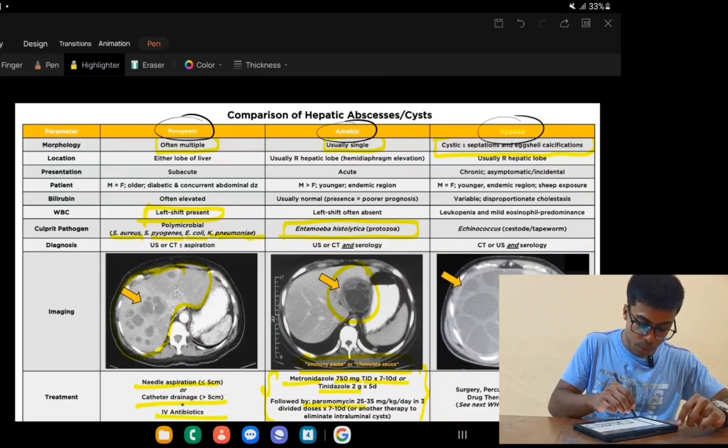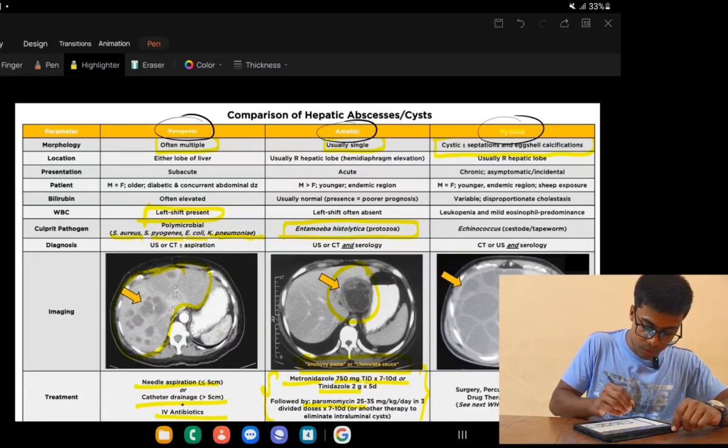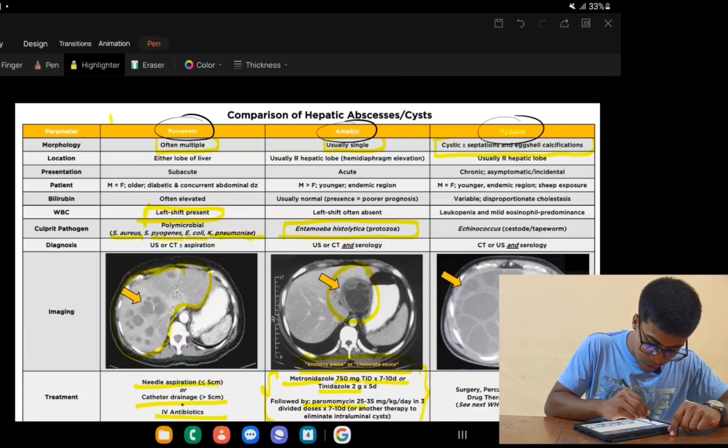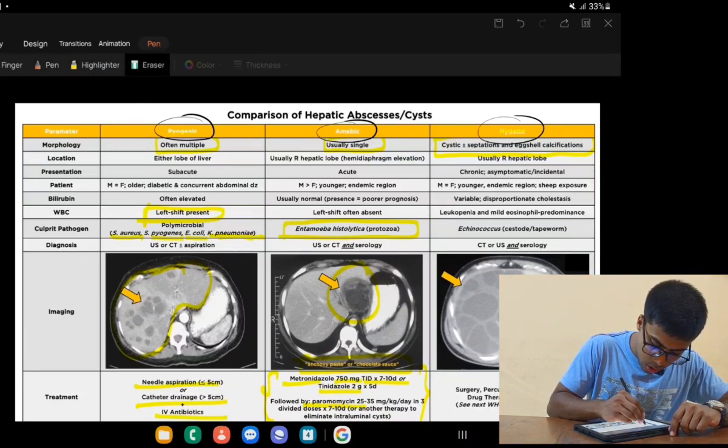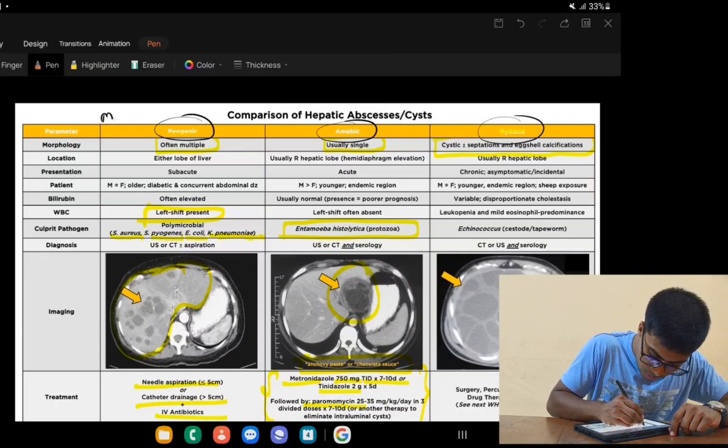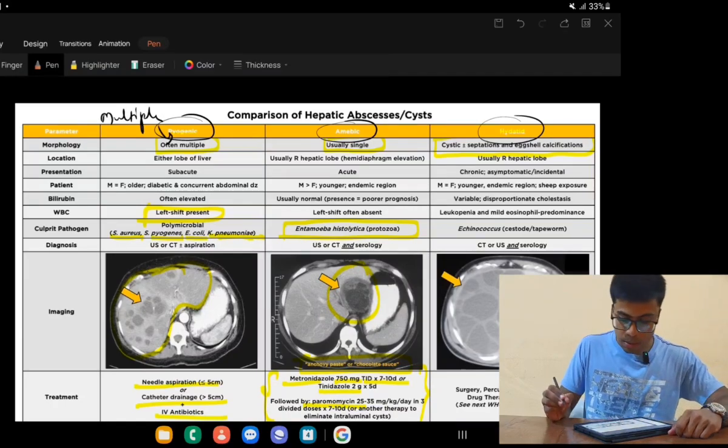Then this is pyogenic. If the word multiple is given, for multiple hepatic abscesses, then it is a pyogenic abscess.